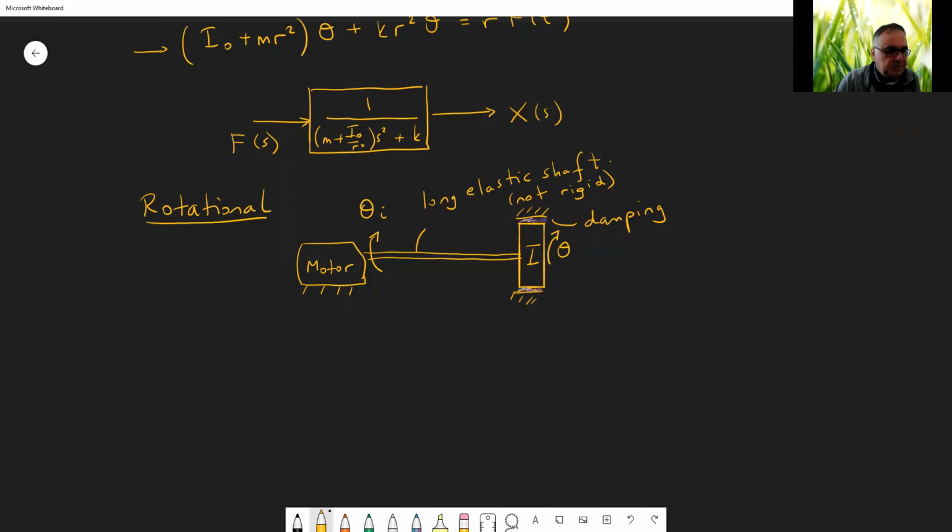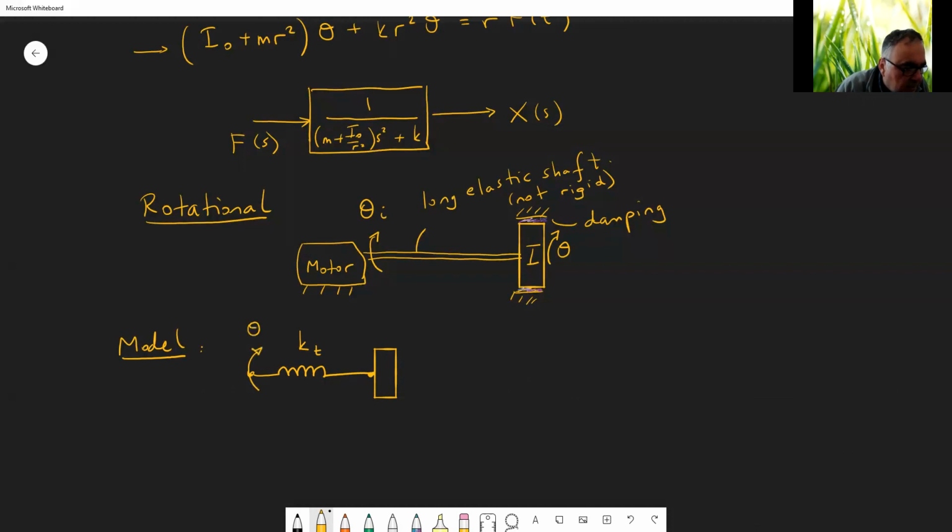So this system, we can model it by the following model, which will look a little bit strange at first sight. There will be some torsional spring which represents the shaft. Then there will be the inertia. Let's say this is the inertia, the spring of the shaft.